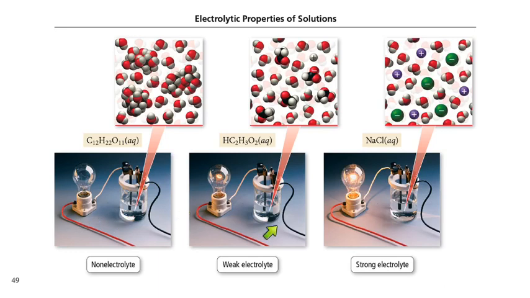So here's that conductivity apparatus. Again, this is what happens with a non-electrolyte like sucrose. There's no ions, no electricity passes through. So you've probably heard that you need to be careful using electricity around water. Like you don't want to be using electrical power tools in the backyard while you're standing in a puddle, right?